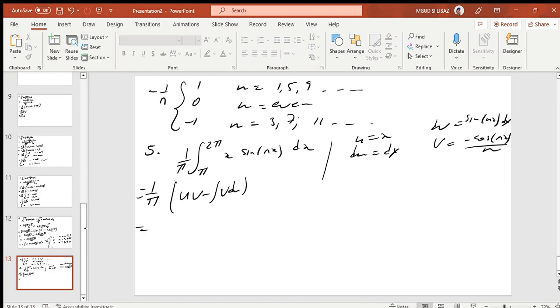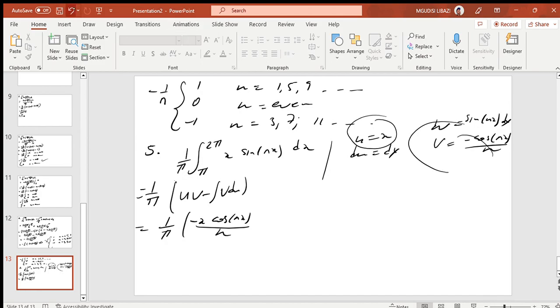So what we do now is that we're going to have 1 over pi, and substituting our u and v, we get negative x cosine of nx divided by n. This comes from multiplying u and v.